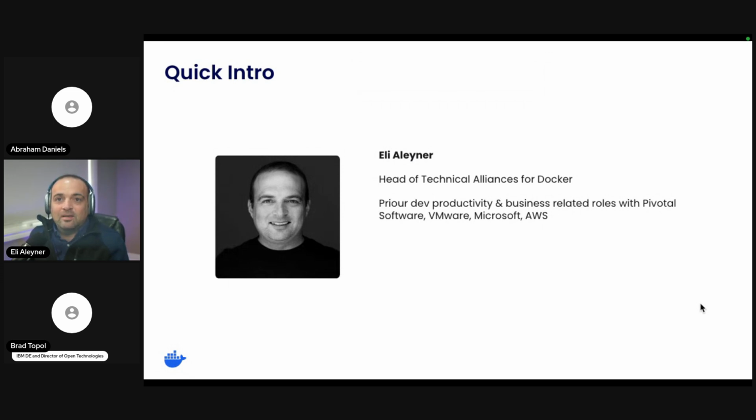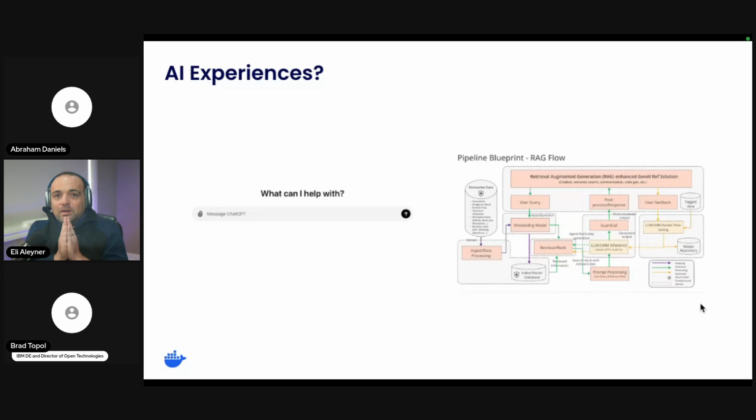So when we think about AI experiences and their user experience, it's this easy box on the left, which is a simple user interface and just a box that they can interact with. But what's behind the scenes is oftentimes quite complex.